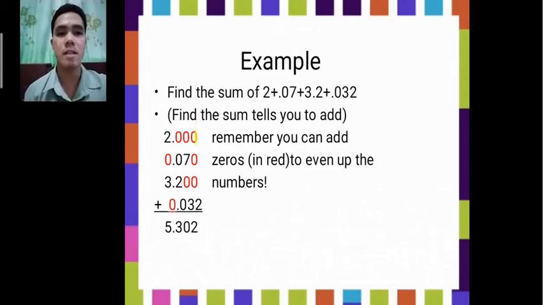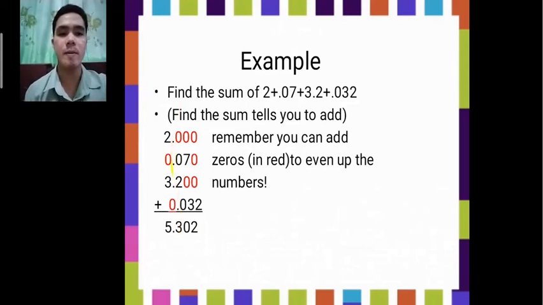So 0 plus 0 plus 0 plus 2 is 2. Then 0 plus 7 plus 0 plus 3 is 10. That is 0 carry 1. So 1 plus 0 plus 0 plus 2 plus 0 is 3. Then we have to bring down the decimal point.